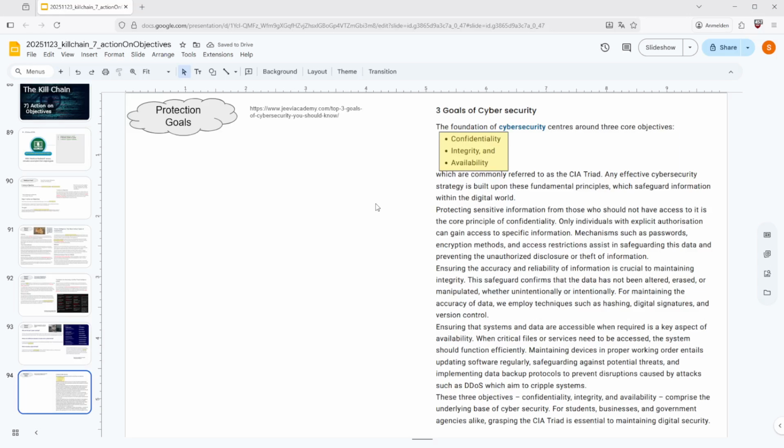Confidentiality means a secret communication. So encryption is part of that. Integrity means the information should be intact, not tampered with.